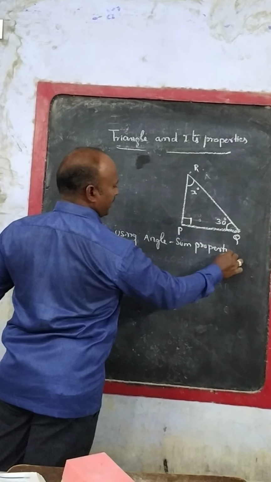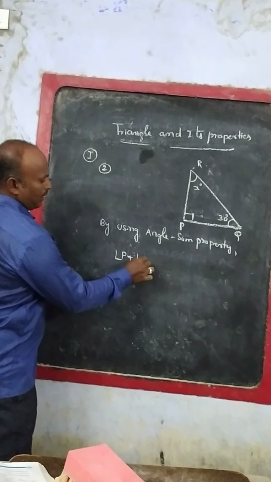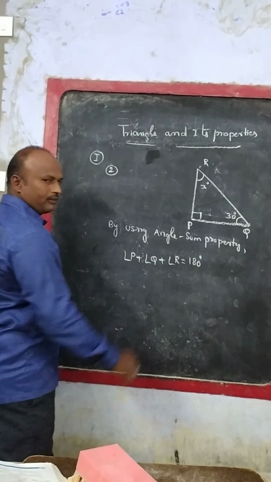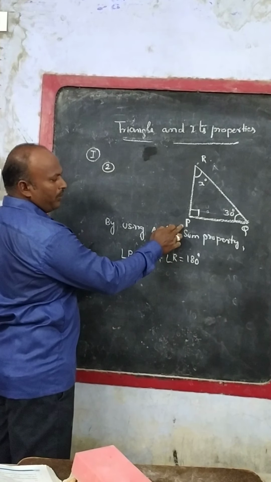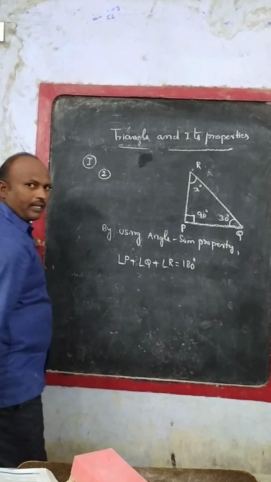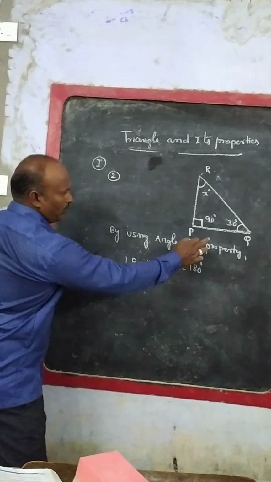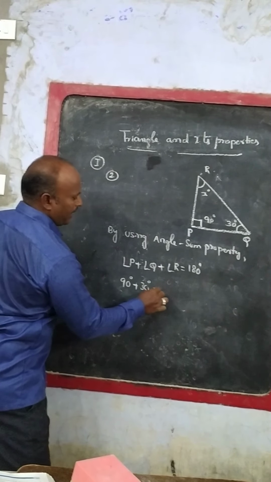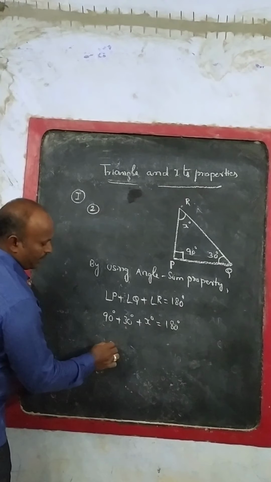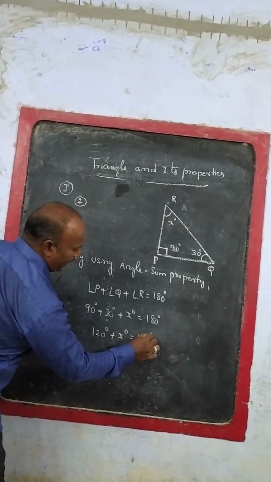The sum of three angles in a triangle is 180. That means angle P plus angle Q plus angle R is equal to 180 degrees. Here the right angle is formed at P, so angle P is 90 degrees. Angle P 90 plus angle Q, already given 30 degrees, plus angle R is x degrees, equal to 180 degrees. 90 plus 30 is 120 degrees plus x degrees equal to 180 degrees.